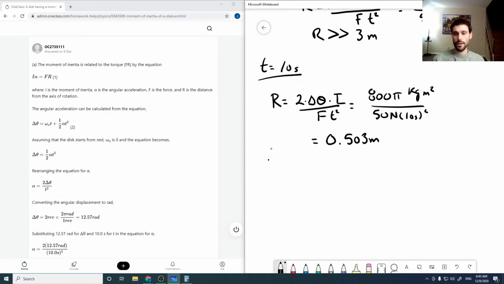And so then we have a pair now, so force equals 50 newtons, can act at an R of 0.503 meters. Or if we pick an R of, say, 3 meters, then we can rearrange this for force.